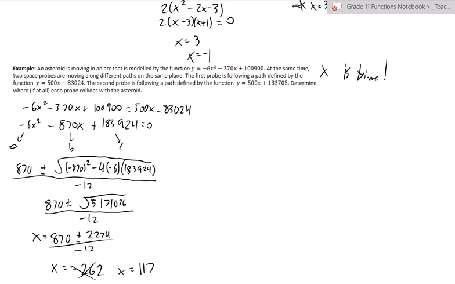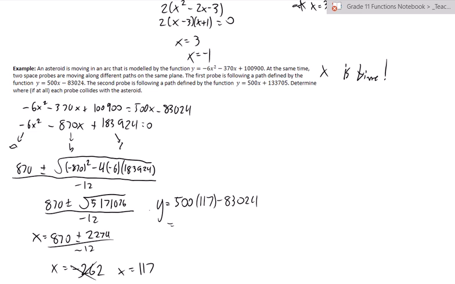We can use that to determine a location of where this probe will hit the asteroid. We need to do that by substituting this back into the probe's path. So that's y equals 500 times 117 minus 83,024.